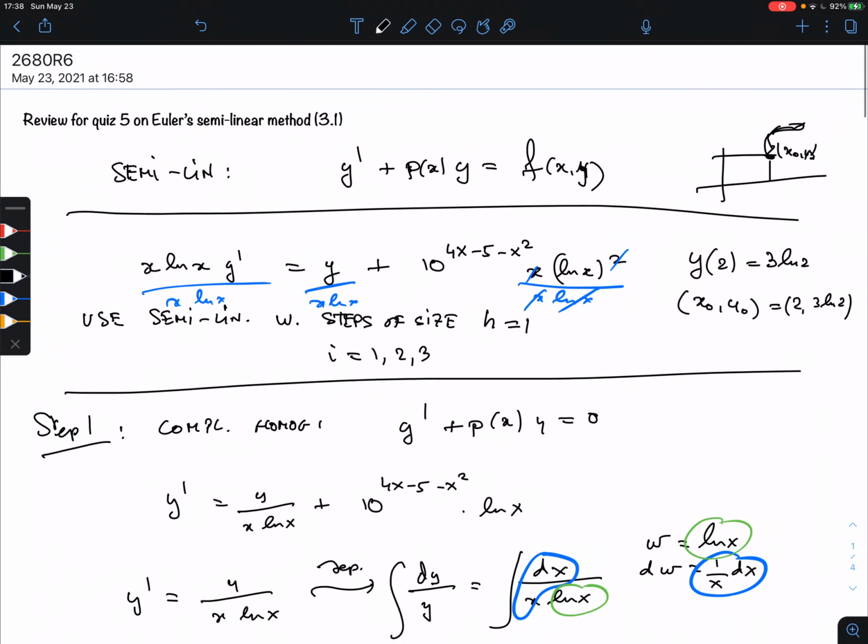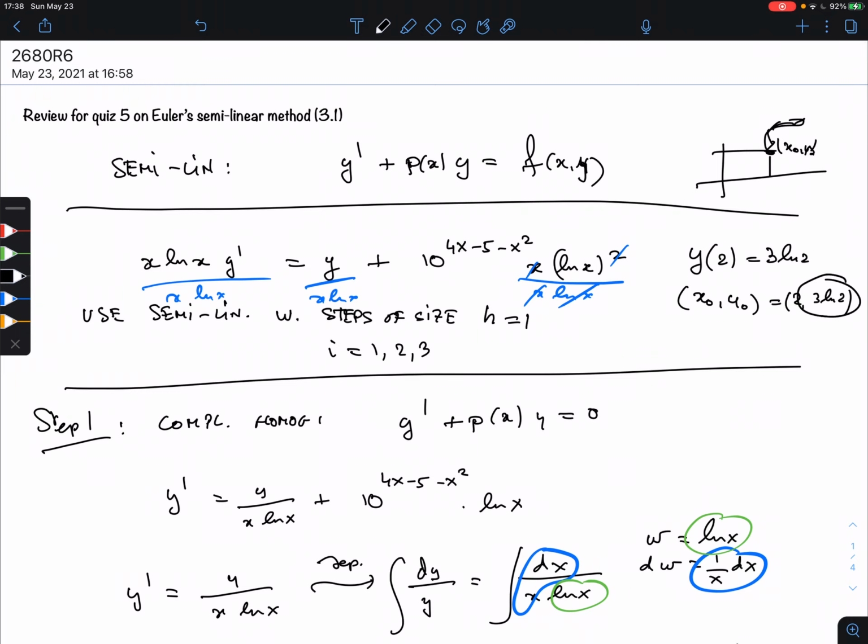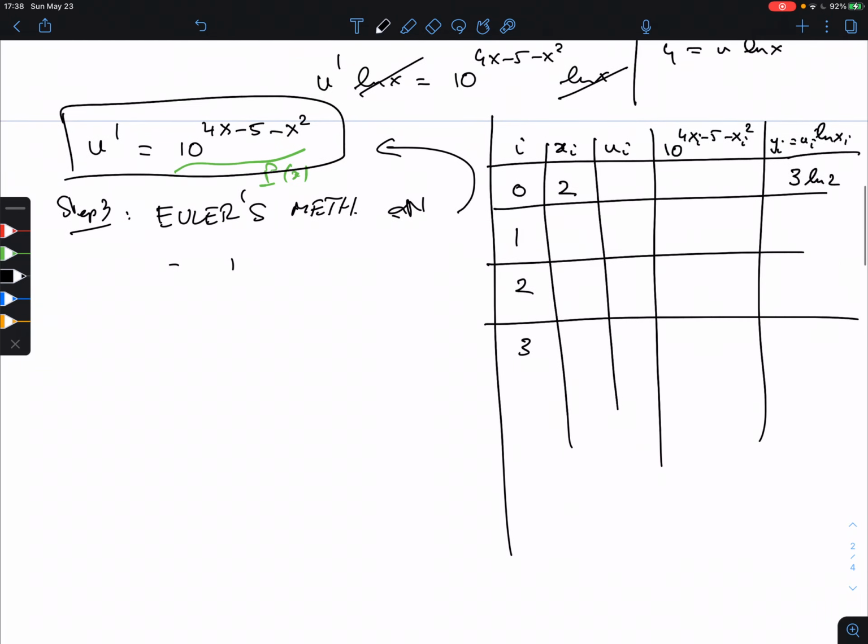So y0, which is u0 times ln of x0. We know that y0 is 3 ln 2, u0 we don't know yet, and x0 was 2, so ln 2. So we see that u0 is actually 3. Okay?